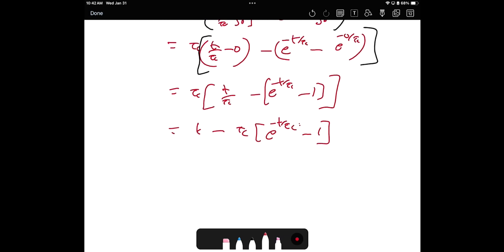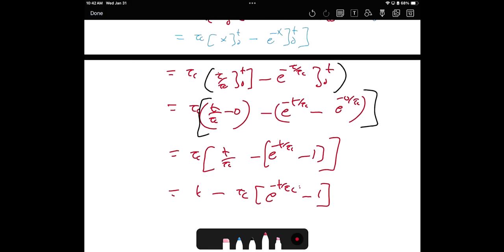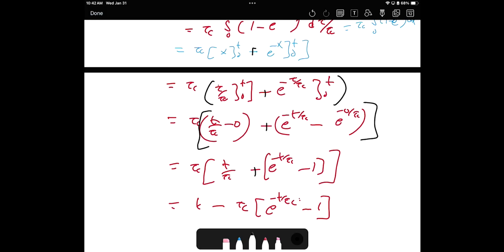So the overall answer is the ramp response y ramp. I think when we do the integral, because it's negative x, it should be positive. So please make sure you make both integral terms positive.